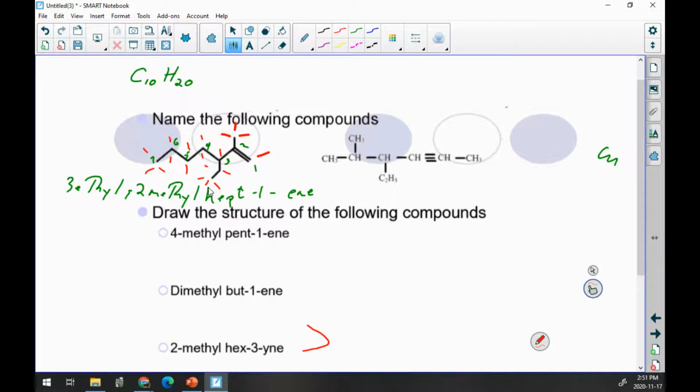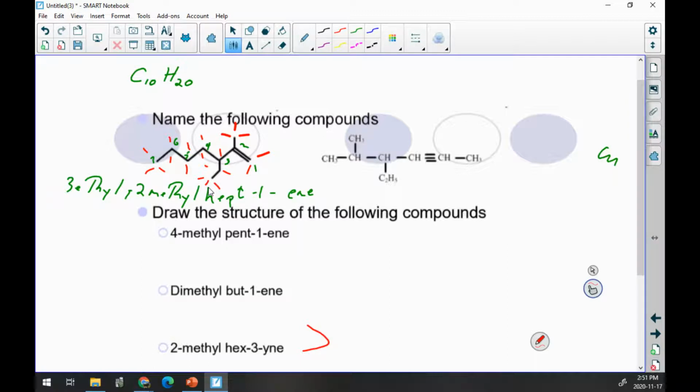Did I mess up? Missed one somewhere. 3, 5, 7, 9, 12, 14, 15. Oh, yeah, that's where I missed it. There's actually 2 there. Because there's 2 carbon-carbon bonds, the other 2 have to be filled with hydrogen. So we do have C10H20.